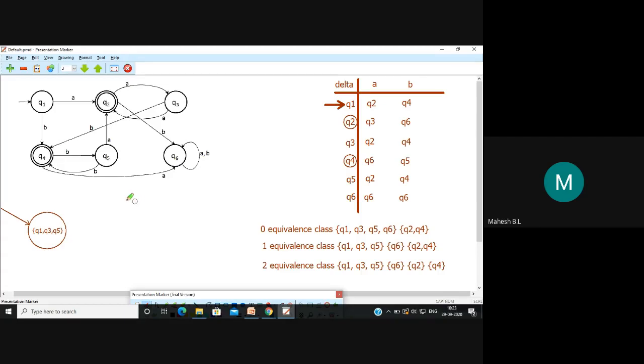Let me mark this as Q2 and Q4. You need a double circle for both of them. This one I'll call Q2, and this one Q4.